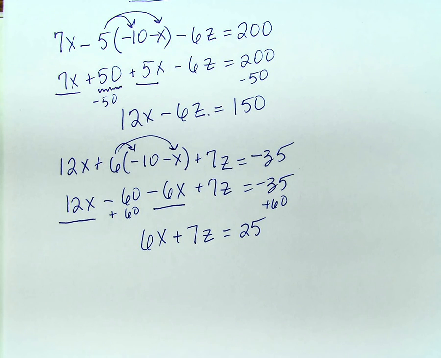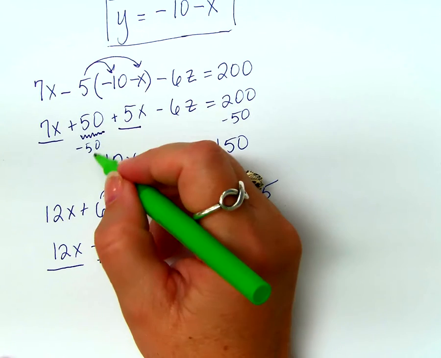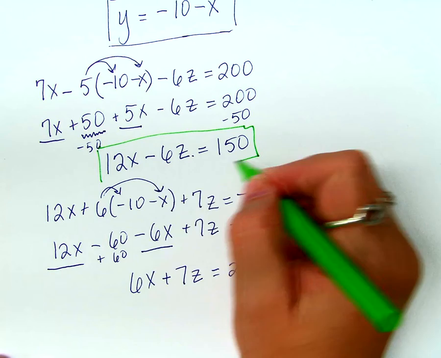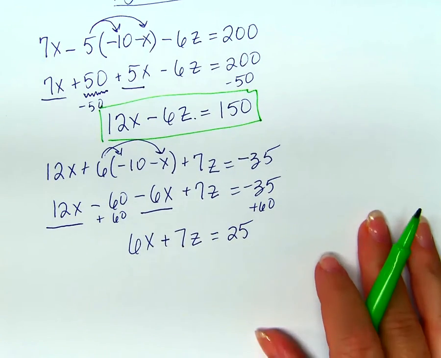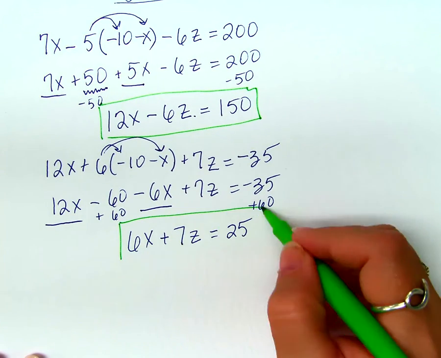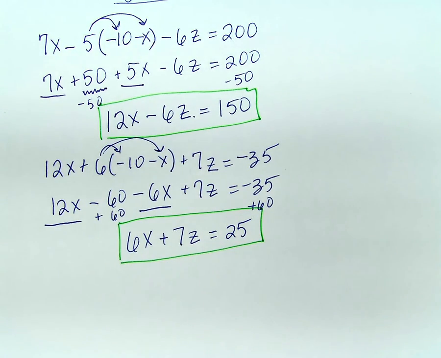So now what I have is 12x minus 6z equals 150, and 6x plus 7z equals 25. If I treat that as its own brand new system, is that something I know how to solve?